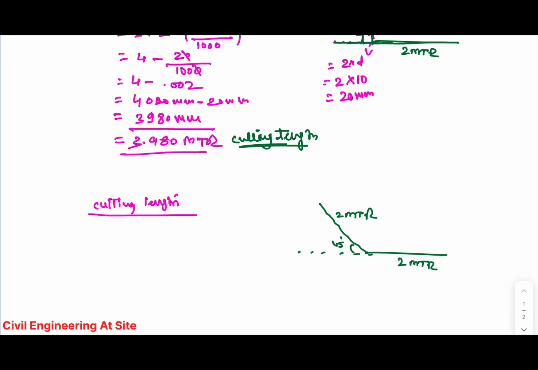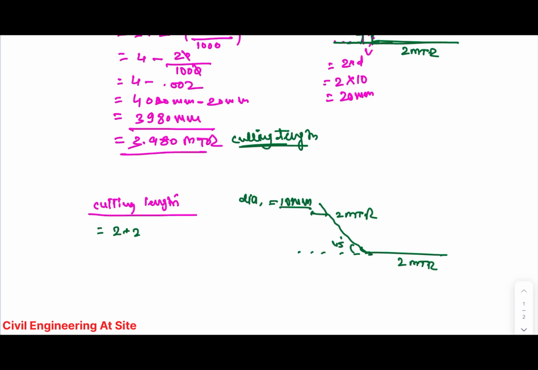Again the dia is 10 mm. Now I will calculate the cutting length for this shape of bar. The total length is 2 plus 2.